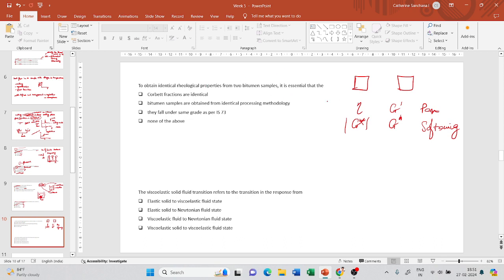Now, to obtain identical rheological properties between two bitumen samples, it is essential that what?